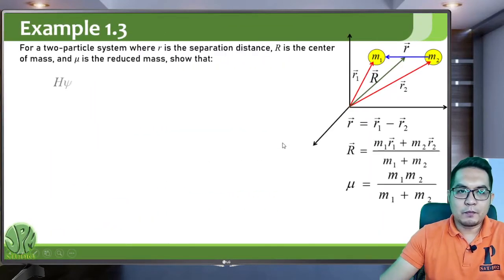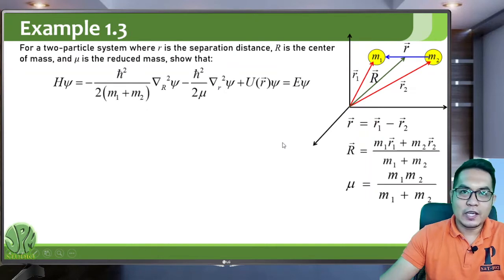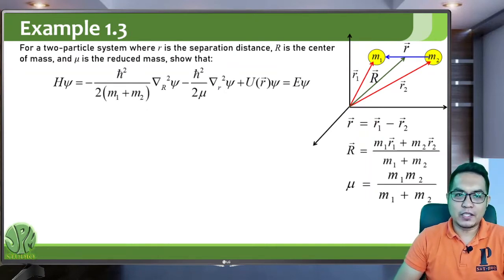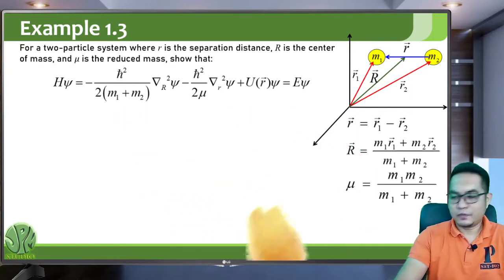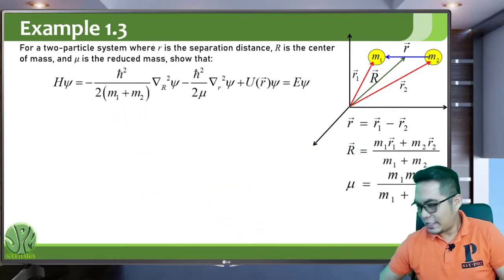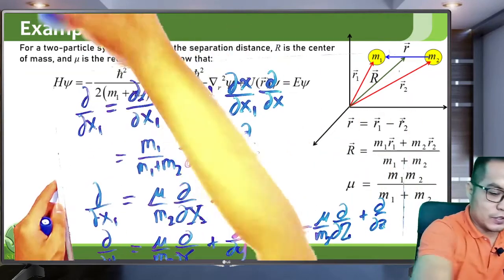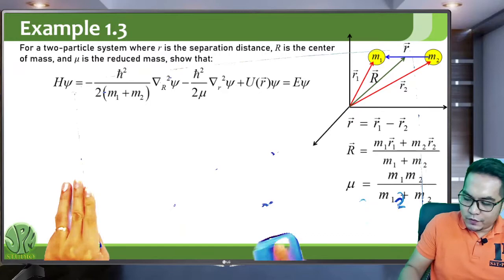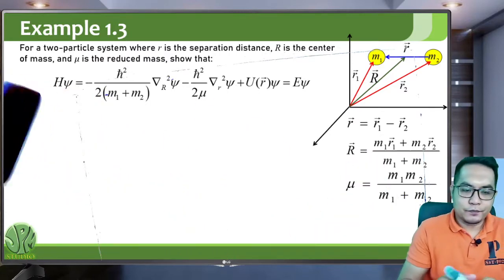So the third example is we need to show that the time independent Schrodinger equation can be written as this one. So take note that the original definition of the time independent Schrodinger equation is like this.